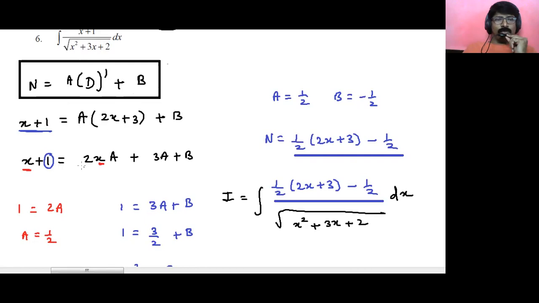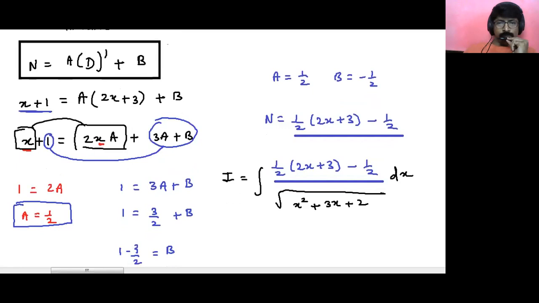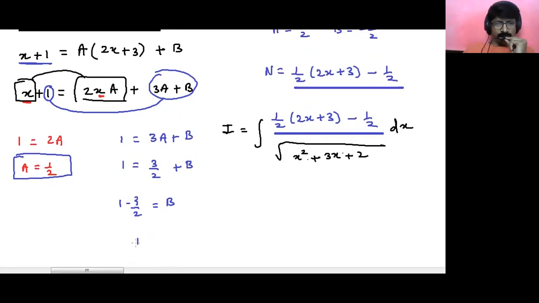When we compare the coefficient of x, and then the constant with the constant, we got a is equal to half, and b as negative half.